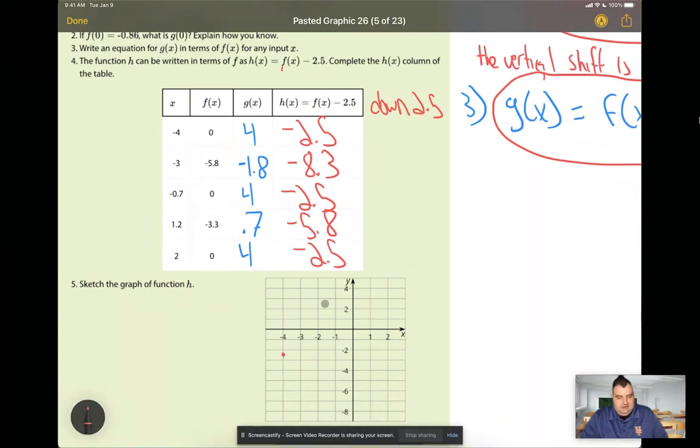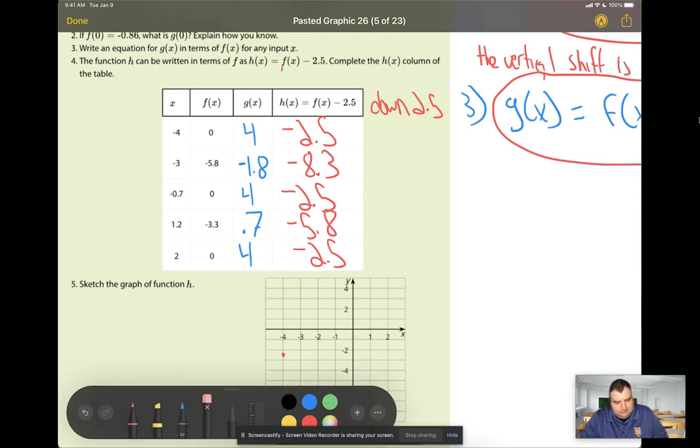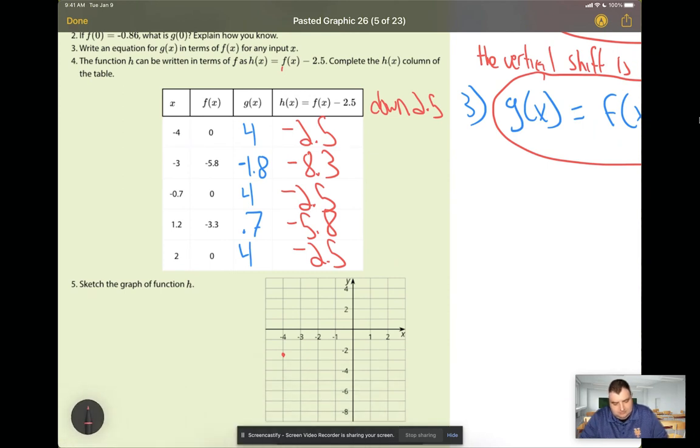At -3, it's -8.3, which, estimating, will be about right here. At -0.7, so when x is -0.7, y is -2.5. So that's going to be right here.